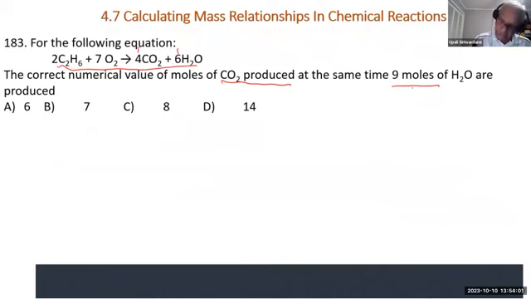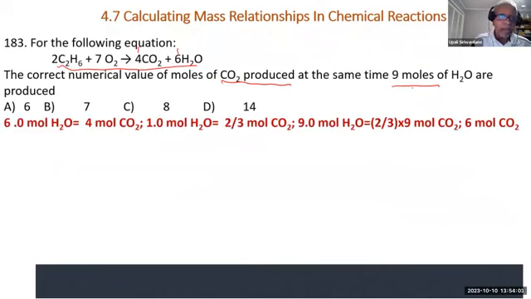Therefore, we have to convert the ratio. I write down based on the chemical equation: 6 here for water, that's a 6, and 4 here, that's a 4. That's the conversion factor. Now I simplify by dividing this by 6. Now I get a fraction.